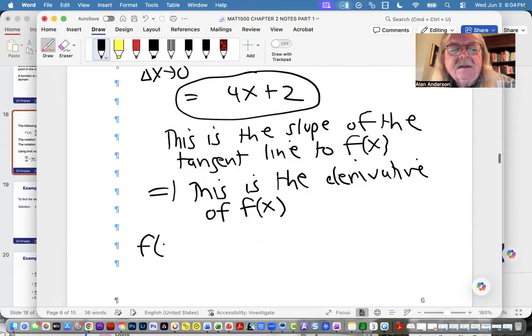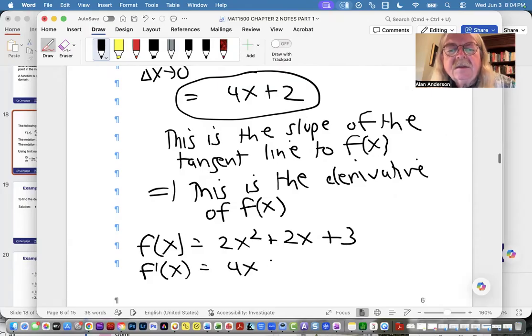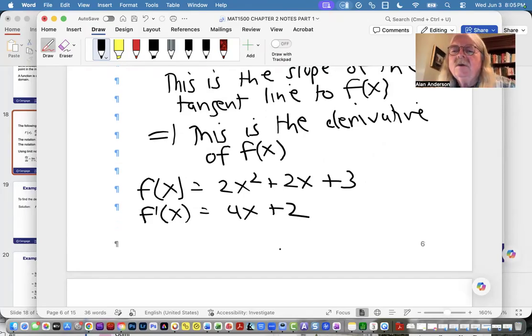For f of x equals 2x squared plus 2x plus 3, f prime of x is 4x plus 2. Wow. So in other words, whatever this function looks like, the tangent line has a slope of 4x plus 2. If we're looking for a specific point on the original function, we can substitute and find it at that point. But basically, this is the formula that we'll use to solve for the tangent line slope at any point on this curve.